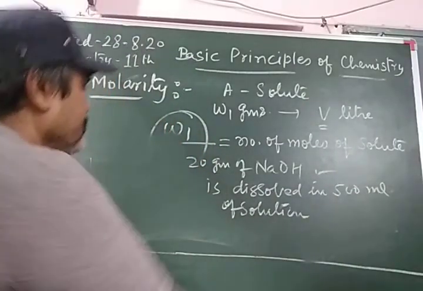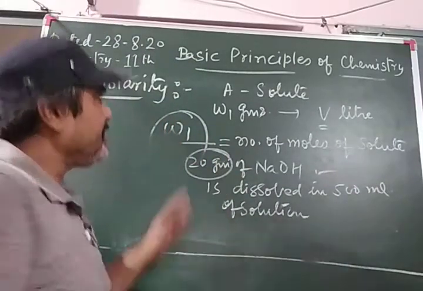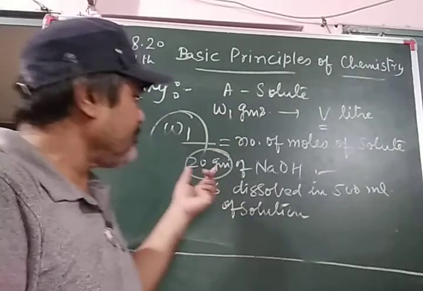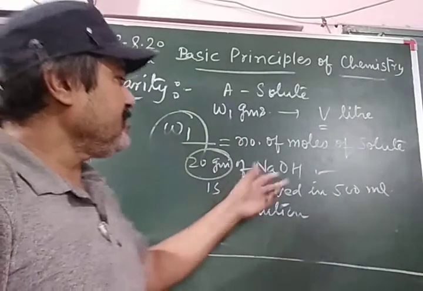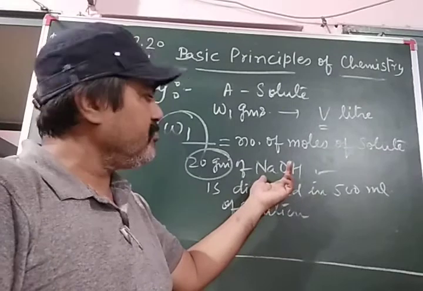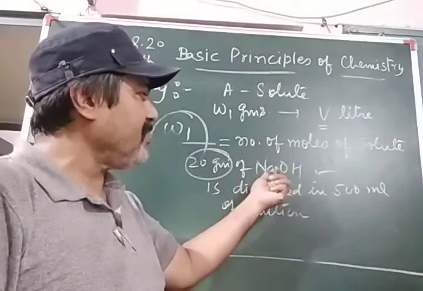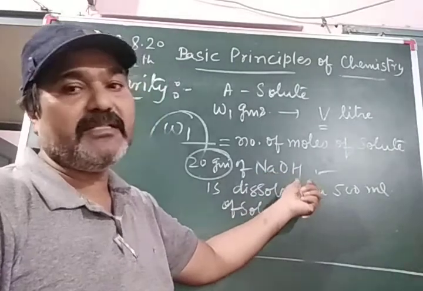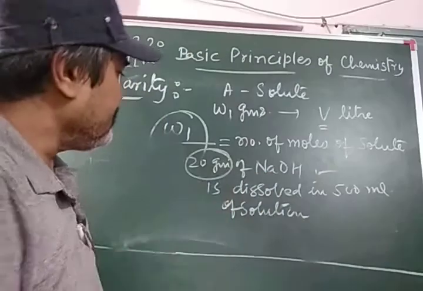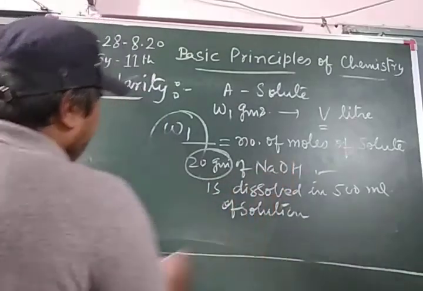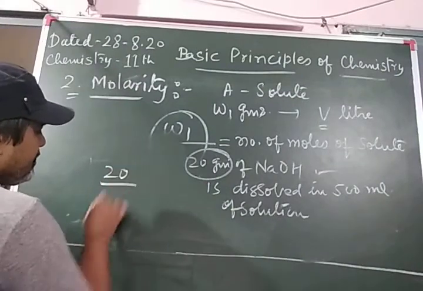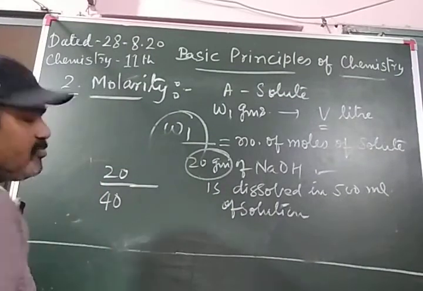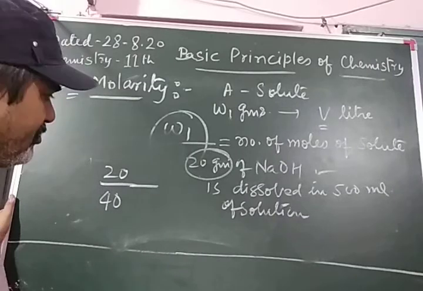Okay. So this will be treated as W1, which is the mass of the solute given, and the molar mass of NaOH we very well know, 23 plus 16 plus 1, that is 40. So the number of moles of NaOH will be mass given divided by the molar mass, that is 20 upon 40.